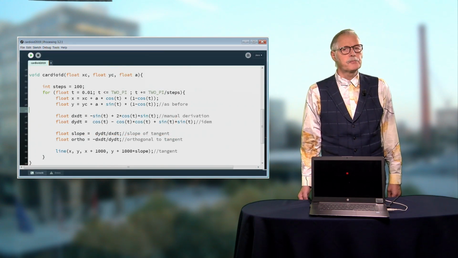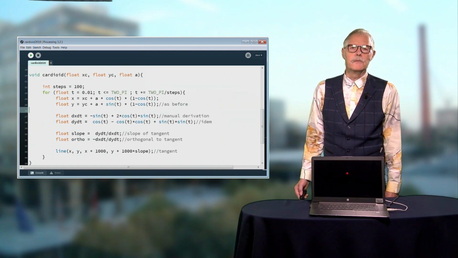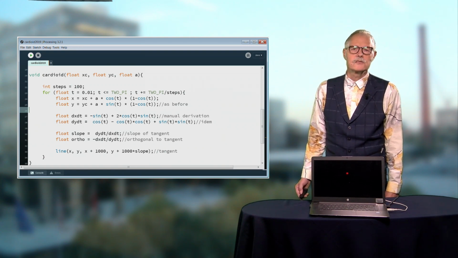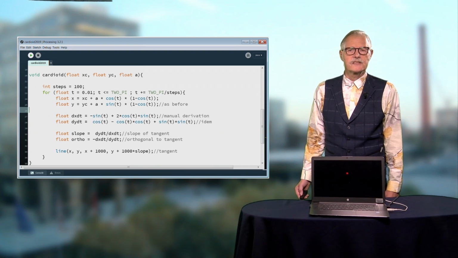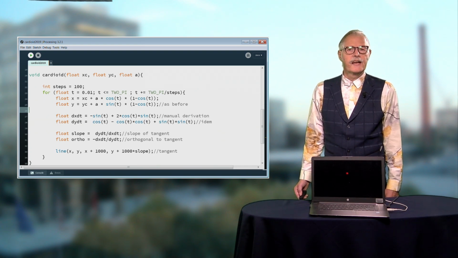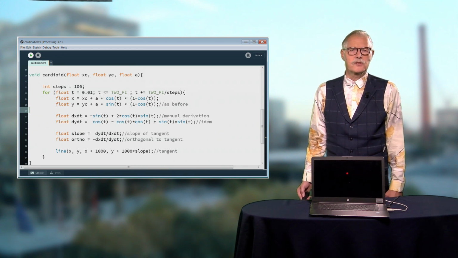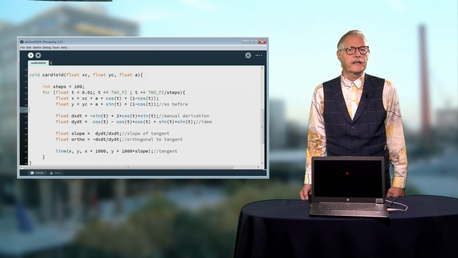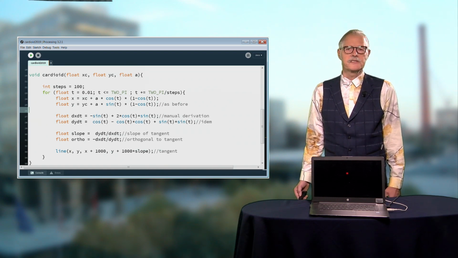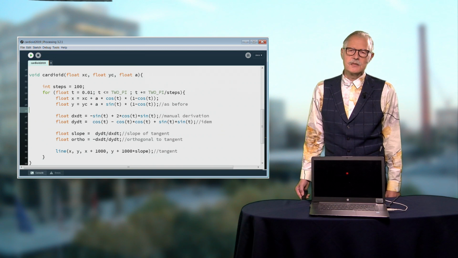So now we see the same program again, the same main loop of the function cardioid, 100 steps, and we see we do not only calculate the x and the y with the same formulas as before, but we also have the formula for dx dt and dy dt, the two derivatives. The formulas look slightly more complicated.